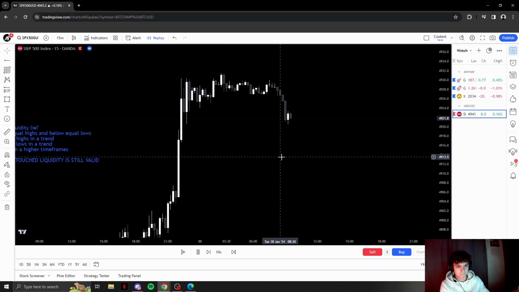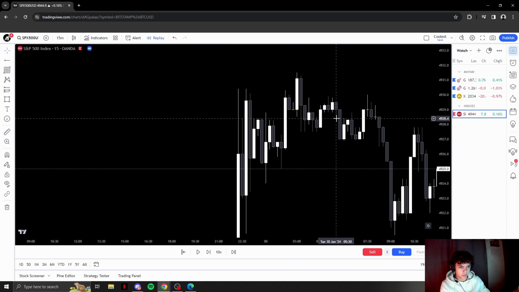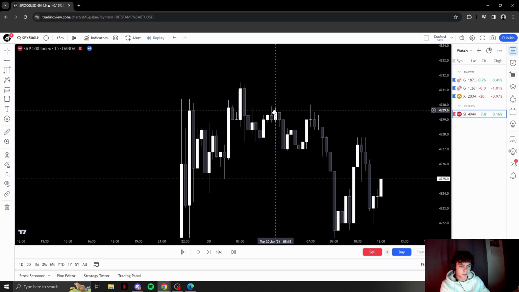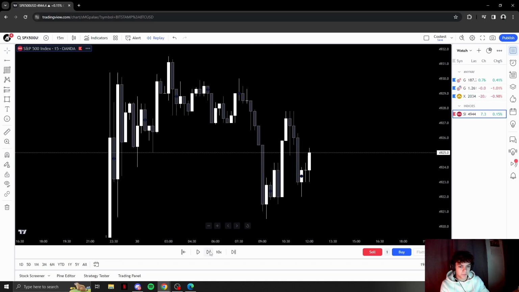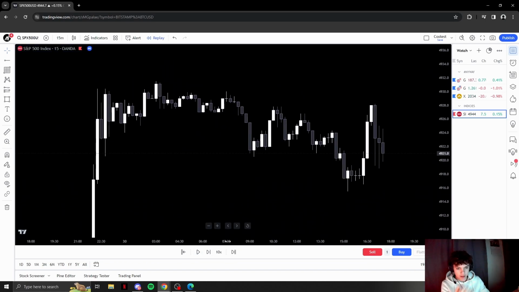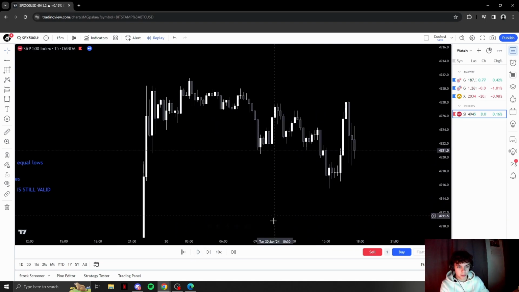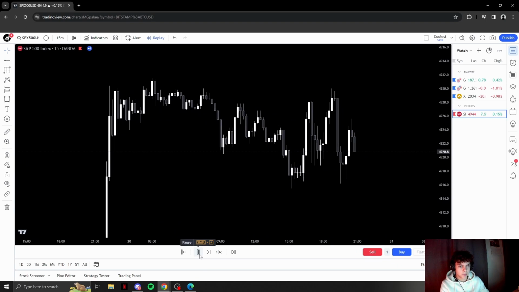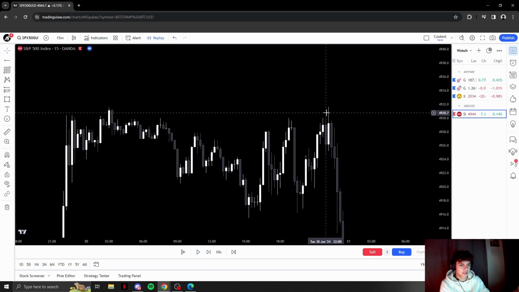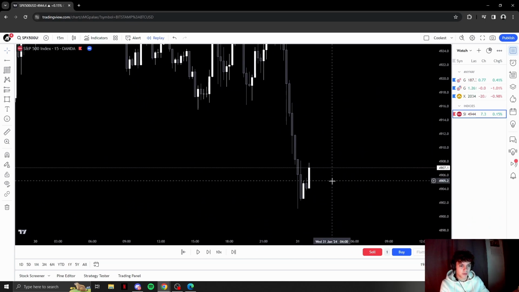Yeah. And all the way here, right here we do get a break of structure to the downside on the 15-minute, and this is the high, and as you can see we rally down. So it's interesting. And here we break structure to the upside, and we rally up. And here we got a sweep and a break of structure, and we rally down.